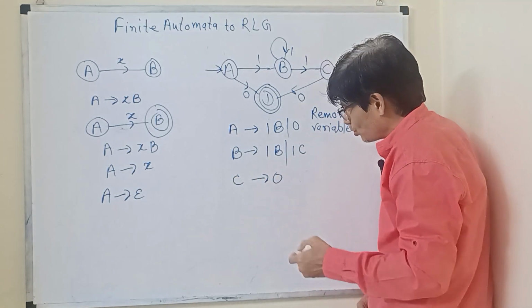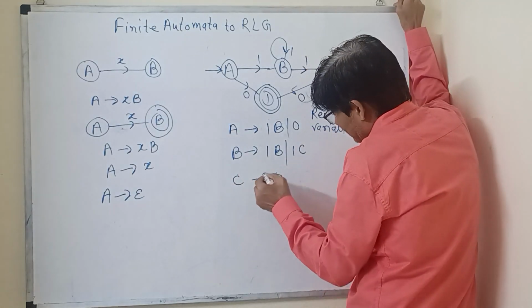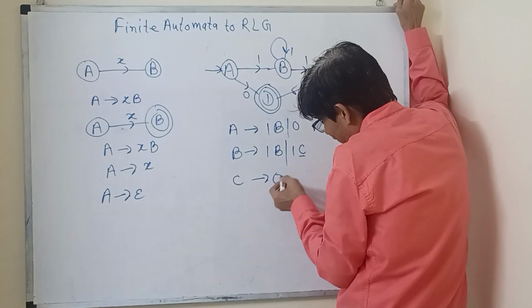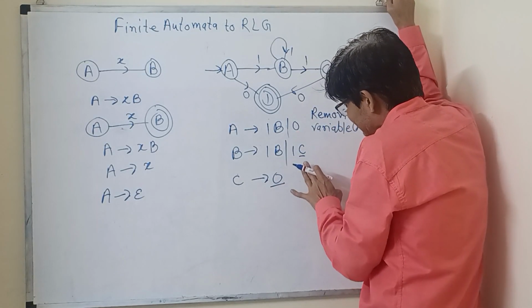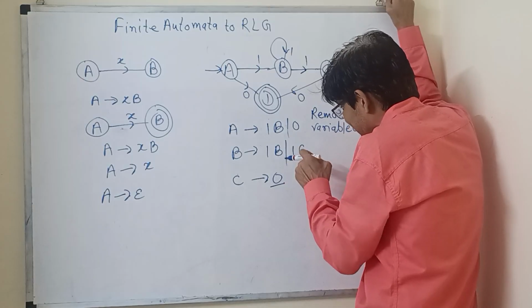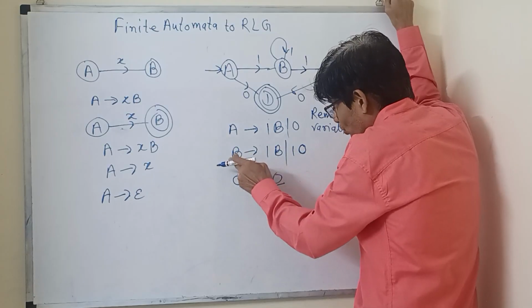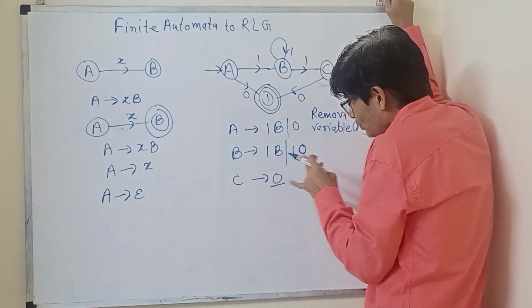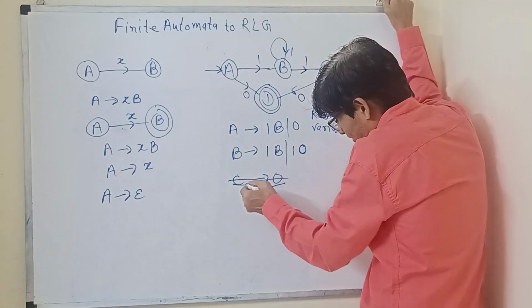We replace C with its production and create one production like B gives 10. So in that case, we can simply remove the production for C also.